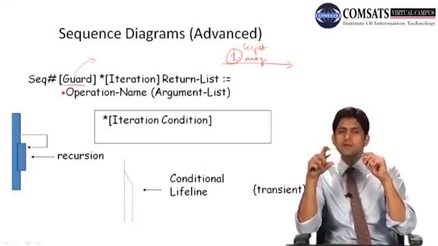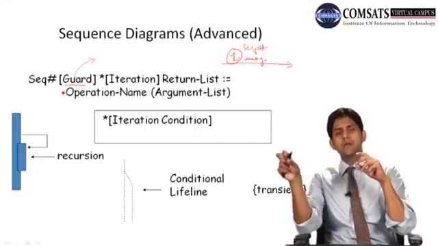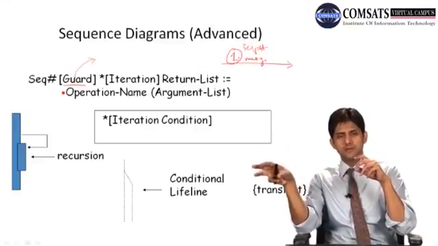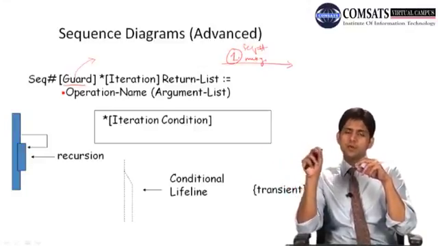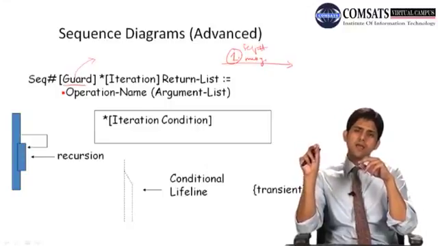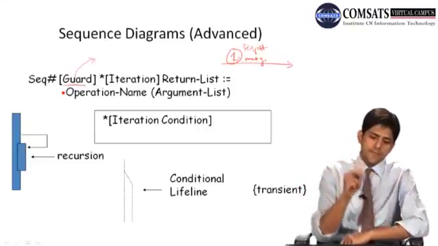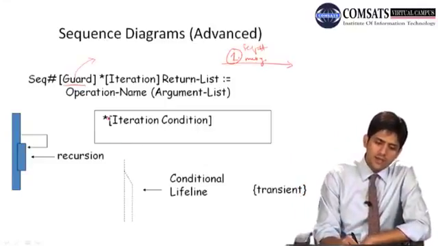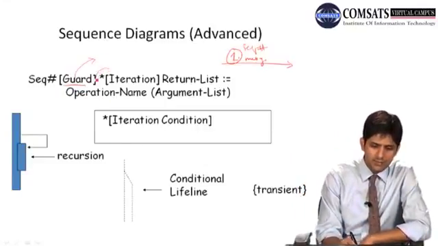If the status was okay, then the request for borrowing a particular book was sent. That is called a guard, where you set a condition that this message will be sent if a certain condition is true.